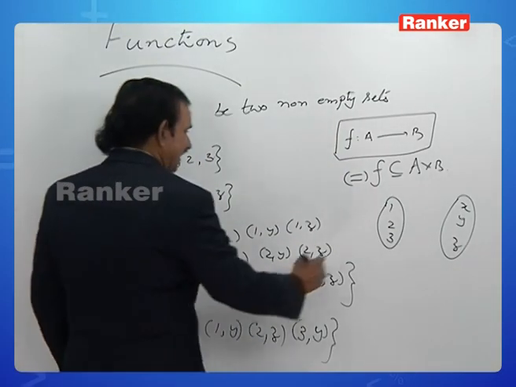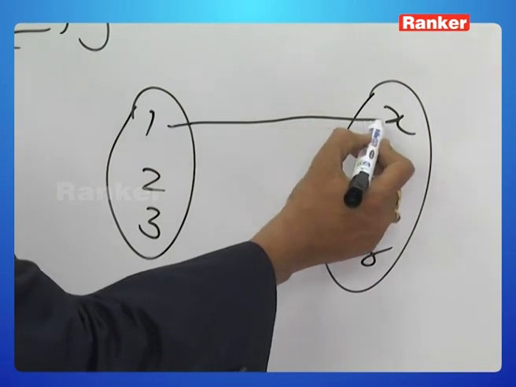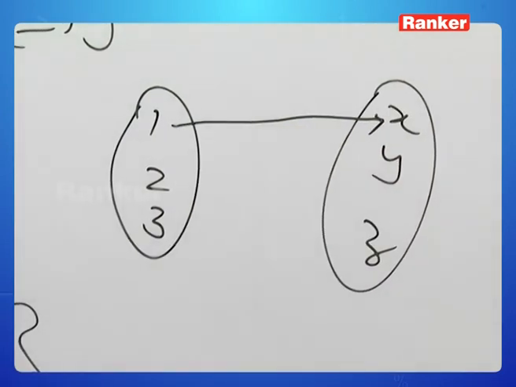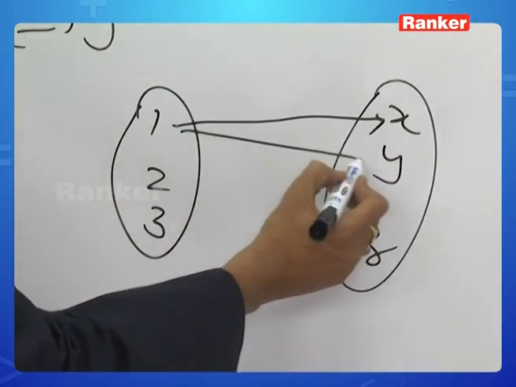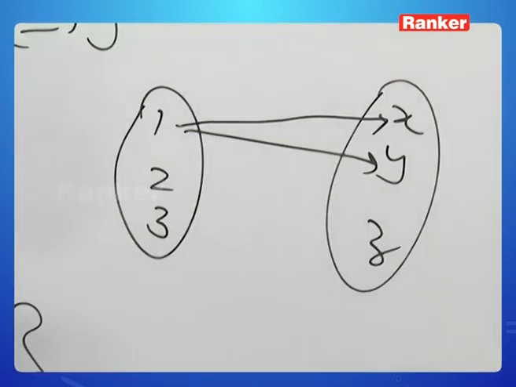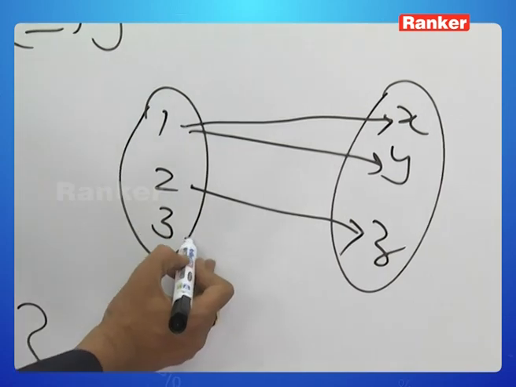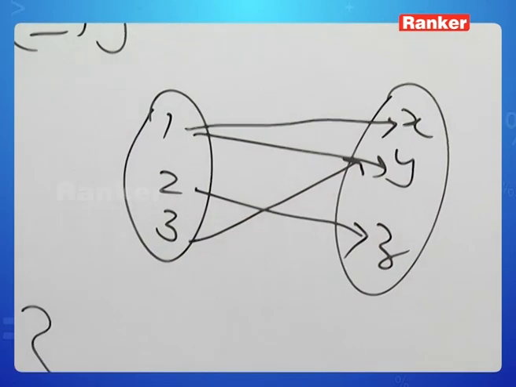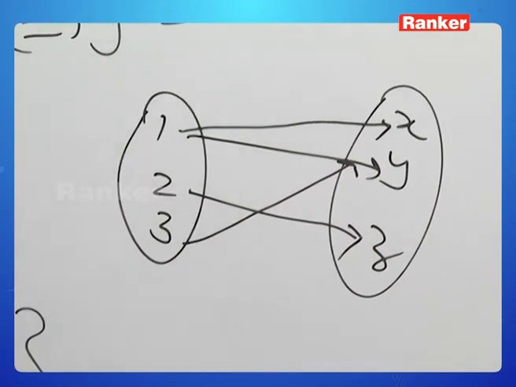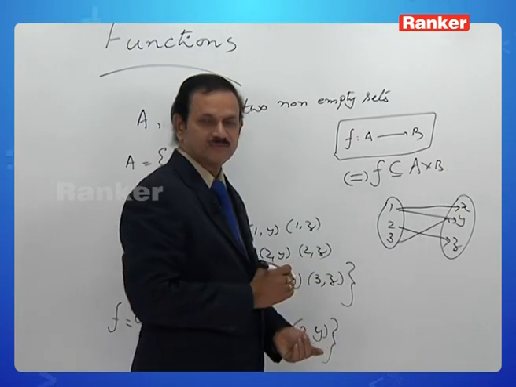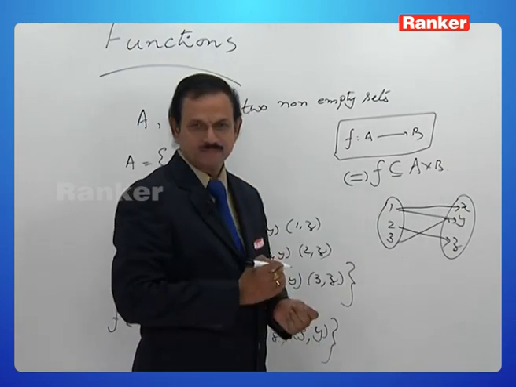One is related to x. One is related to y also. 2 is related to z. 3 is related to y. We have to speak like that. This is a relation from A to B.